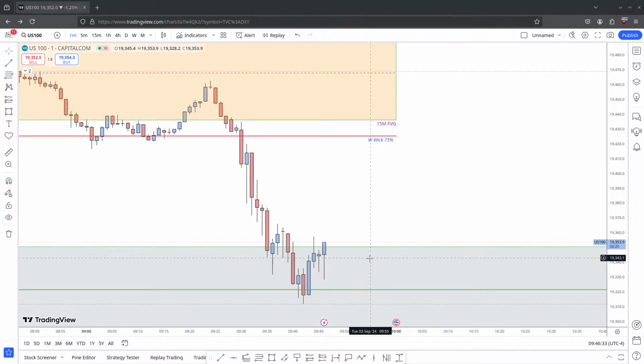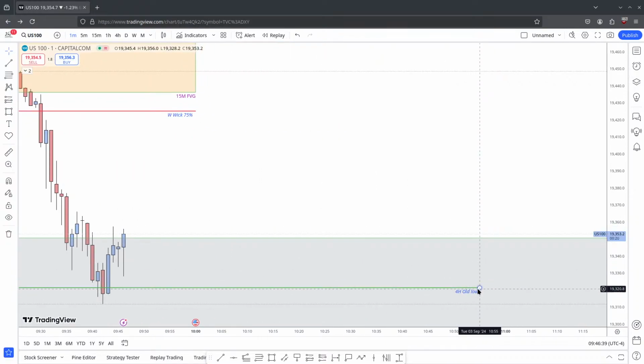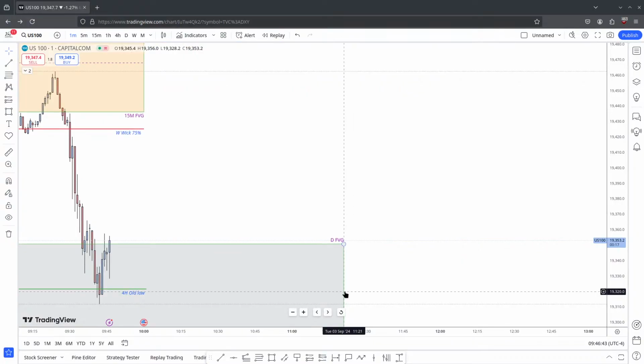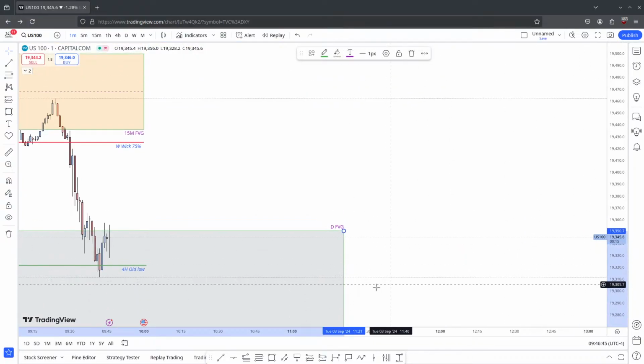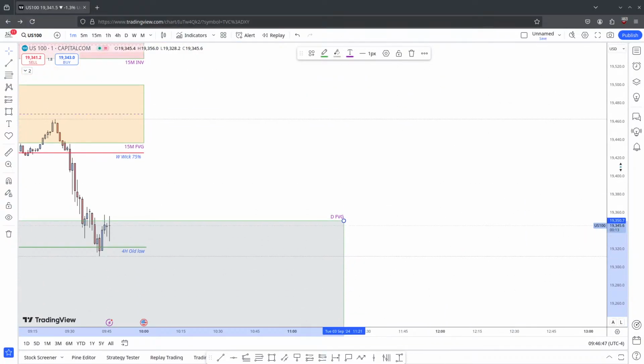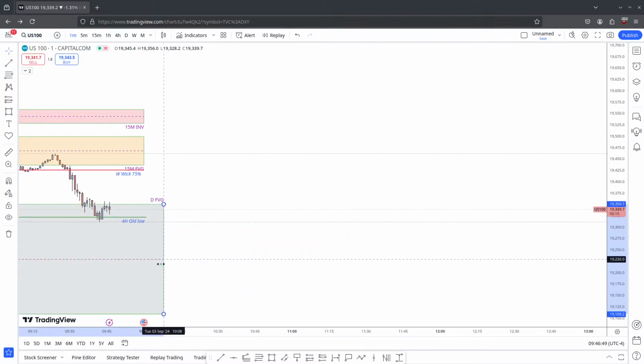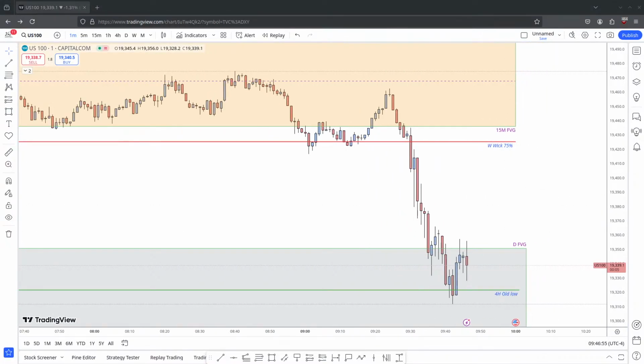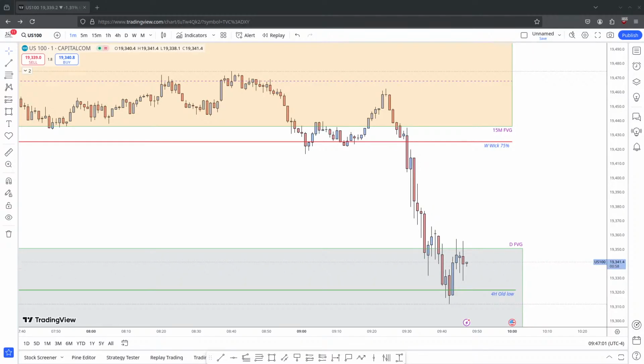Just go to NAS. NAS is tapped into this 4-hour old low, into that daily fair value gap, stagnating here now. Clean this up here. There's that. Probably clean up this as well. I think it looks a bit better.